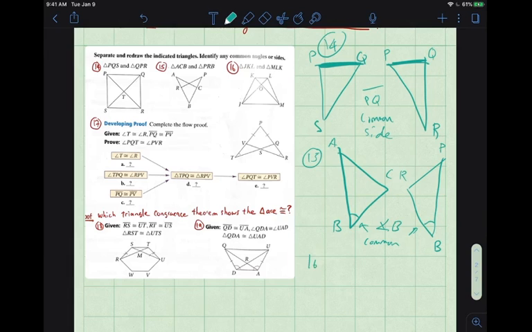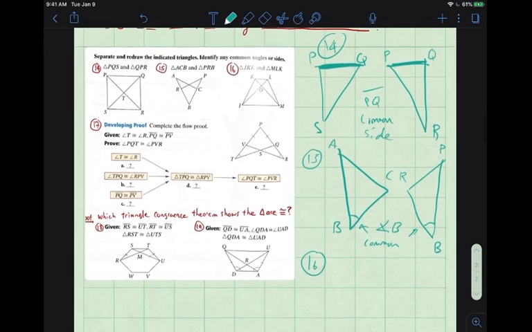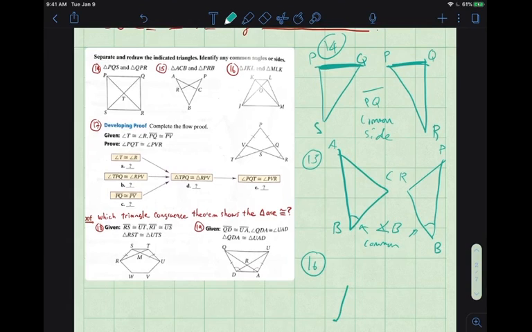Number 16. I'm reading the letters and drawing it in the same way. J, start in the corner, go up to K, over to L, J, K, L, M, oops, M, L, up to K, and then back down.